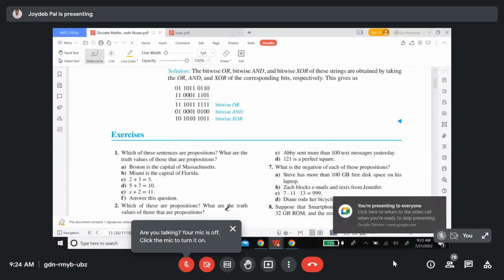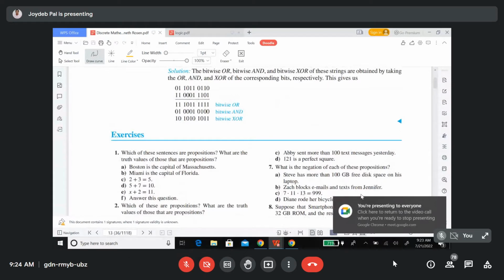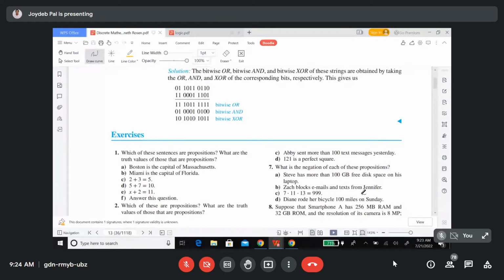So, can you see question number one? You just tell me whether it is a proposition or not. Okay, no need to mention the truth value. So tell me 1A. It is a proposition. Correct. Then 1B.